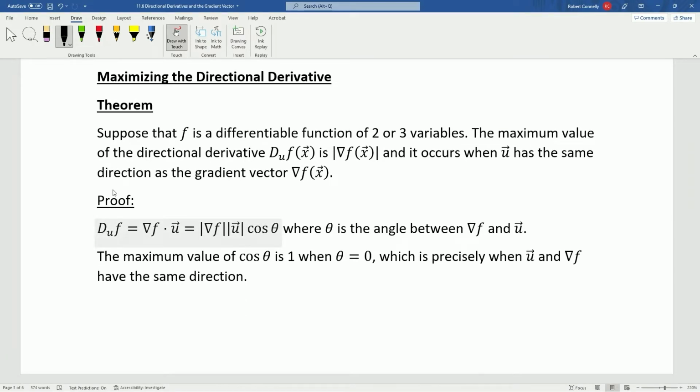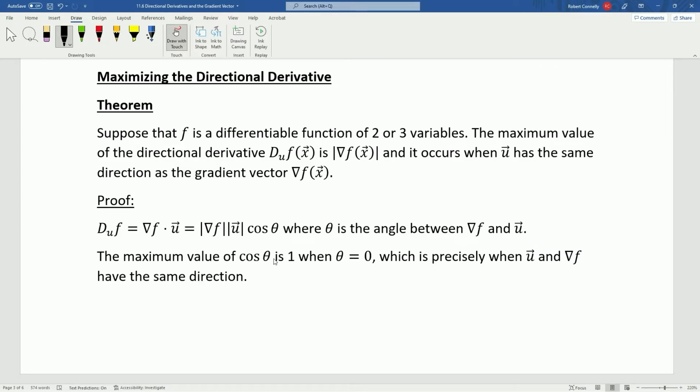So proof. Well, the directional derivative of f with respect to the vector u is gradient of f dot u. And we know from our theorem on the dot product that this is equal to the magnitude of the gradient of f times the magnitude of u times cosine of theta, where theta is the angle between the gradient of f and u.